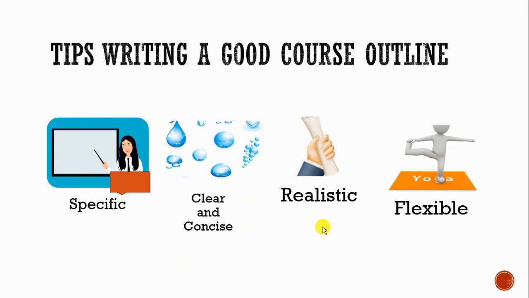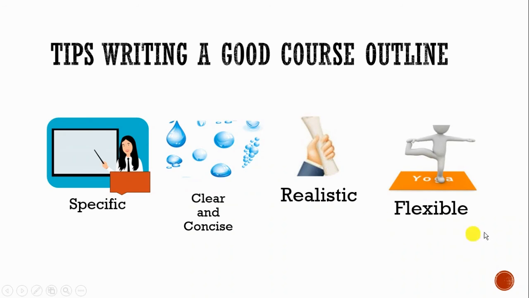So you can either underplan or overplan. So the realistic nature of your course outline will come from your learning plan. So ensure what you're putting on your course outline can be achieved within the given time frame.